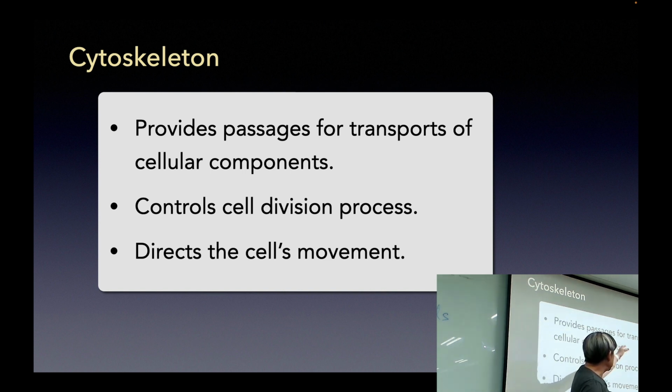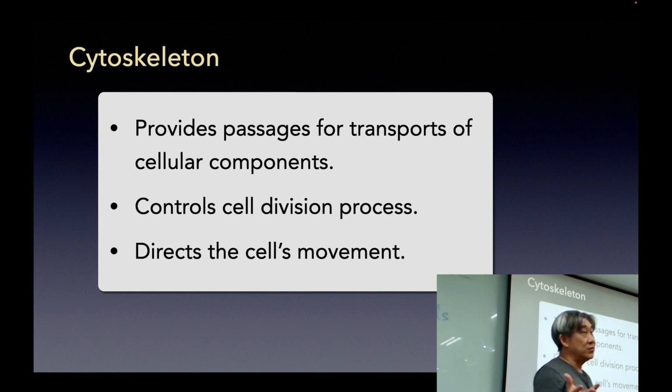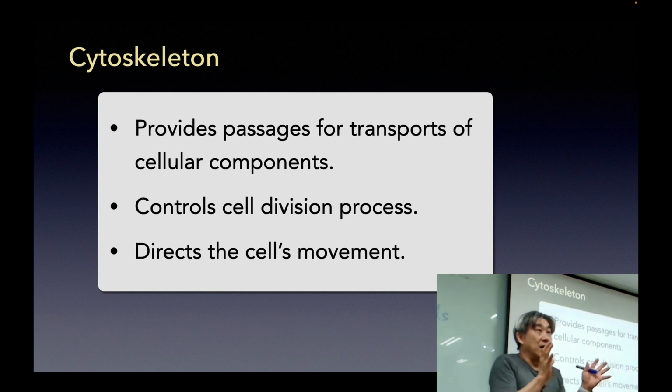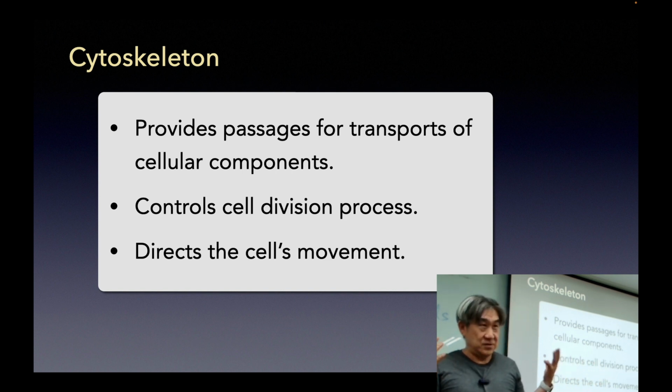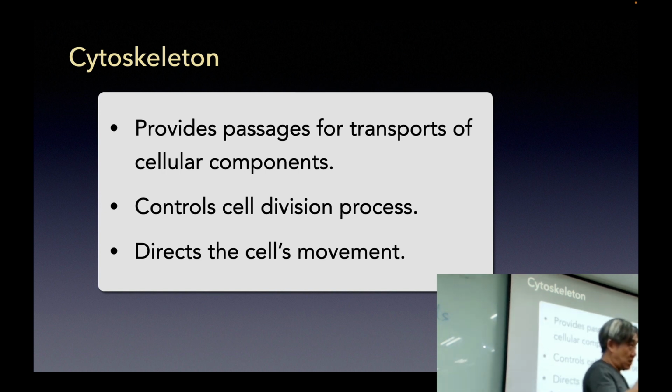It provides passages for the transport of cellular components. The previous week we looked at exocytosis, with all those materials in the form of transport vesicles. Still remember the transport vesicle? Those transport vesicles are actually walking along the lines of the cytoskeleton.